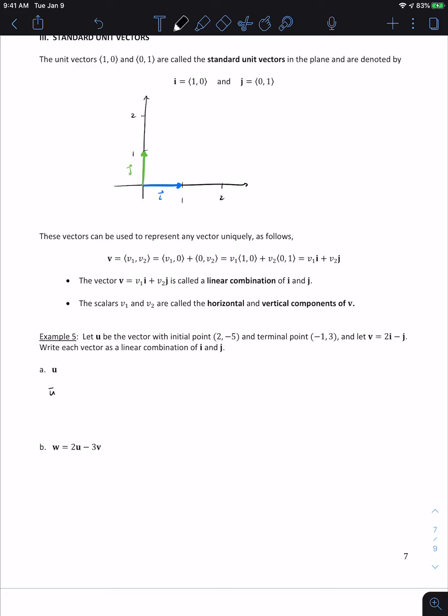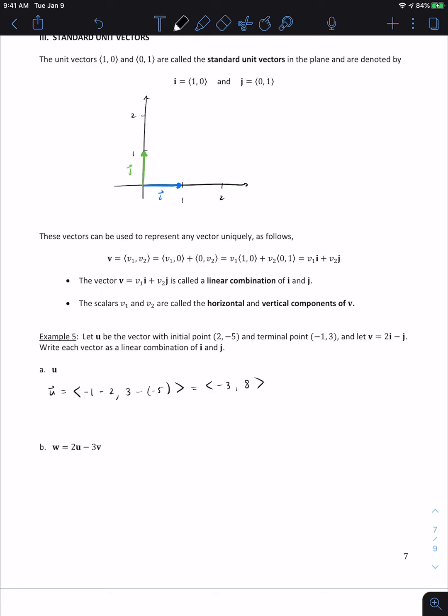I say u is equal to, and in order to find my components, I take my terminal first component minus my initial first component. So -1 minus 2, and then 3 minus -5. So I end up with (-3, 8).